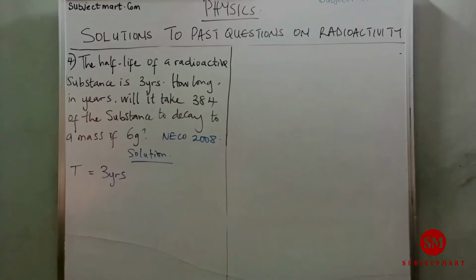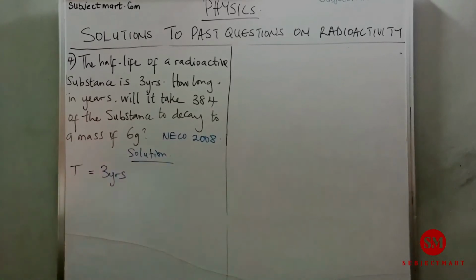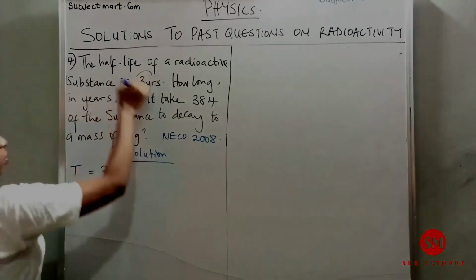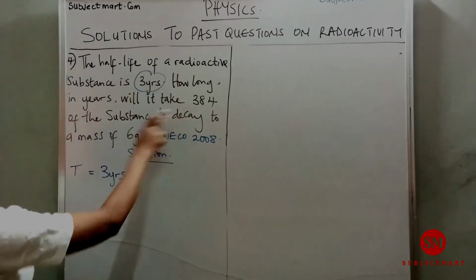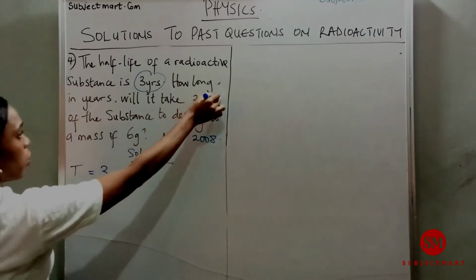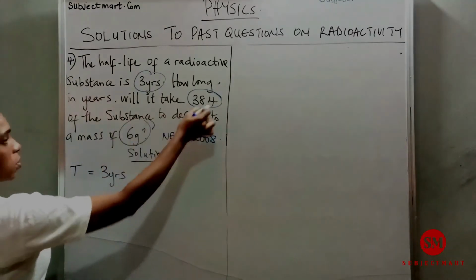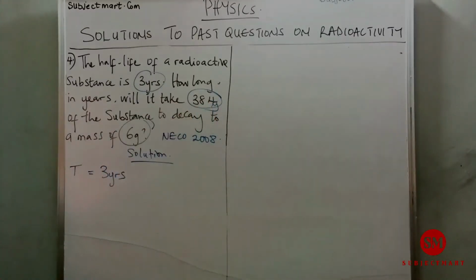The fourth question here says, the half-life of a radioactive substance is 3 years. How long in years will it take 384 grams of the substance to decay to a mass of 6 grams?